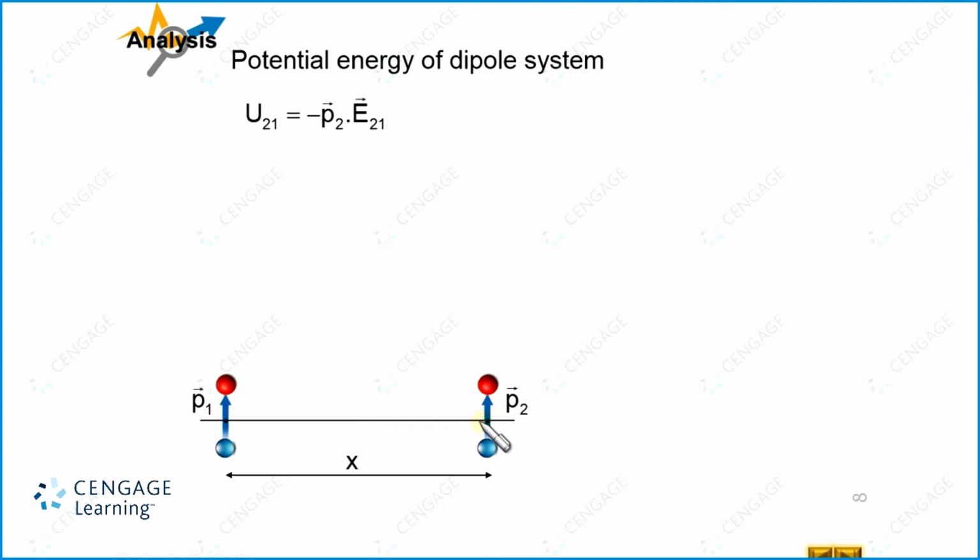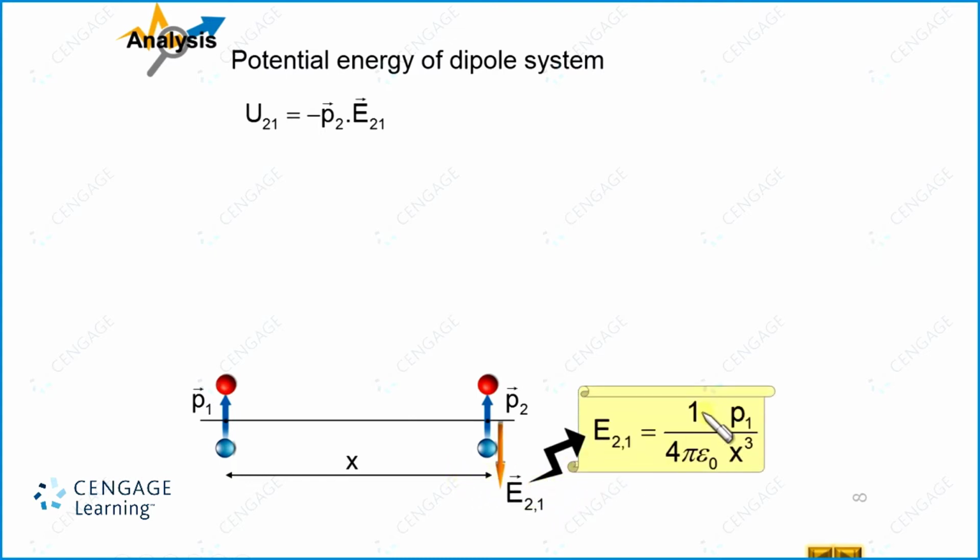So the electric field at the center of this dipole will be in the downward direction, with magnitude 1 upon 4 pi epsilon naught P1 divided by x cube. x is the separation between the dipoles.